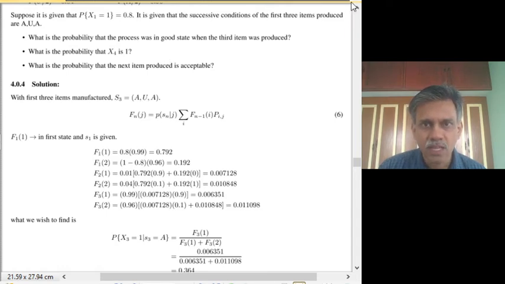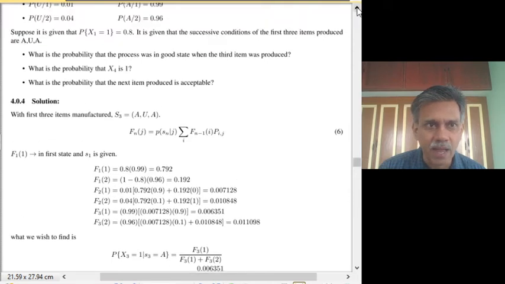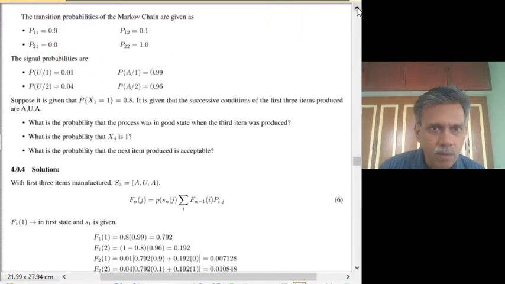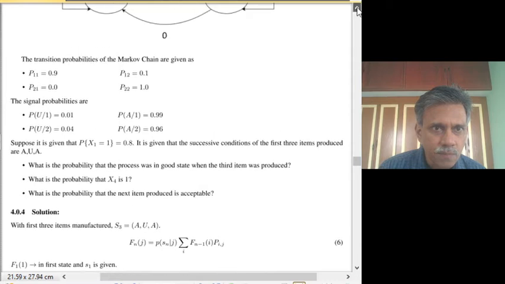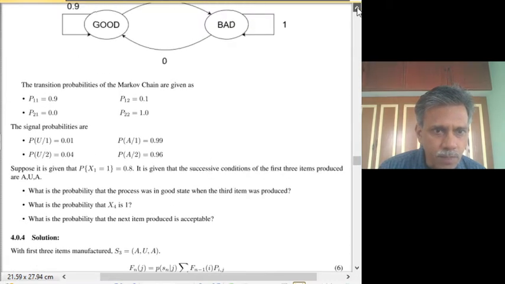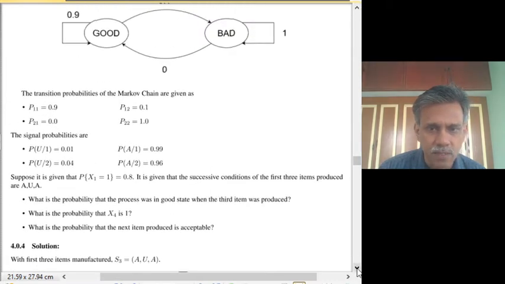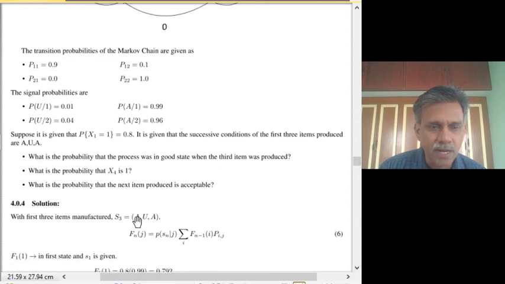That is, in the second time, the signals are given here. So in the second time, if it is unacceptable, for the case of n equal to 2, we have to use S2 given as U. And j can be 1 or 2. You may be in a good state or bad state.